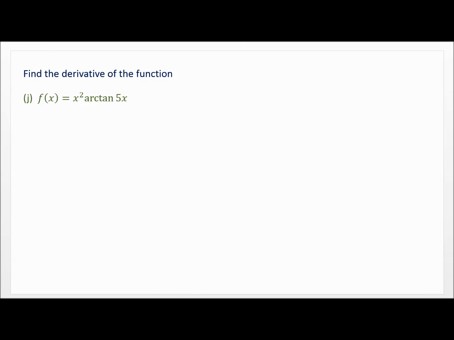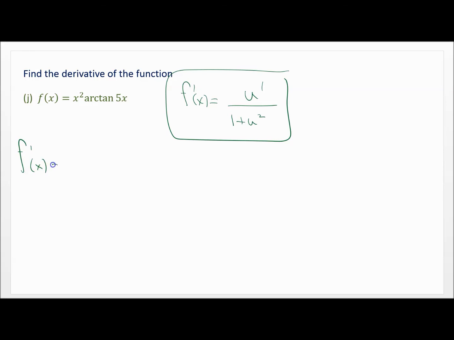Okay, next problem. Now, we use that formula again for arc tangent. So the derivative of arc tangent, remember, is u prime over 1 plus u squared. That is just my formula. Now, for this problem, we're going to have to use the product rule. So f prime of x, remember the product rule, because we're multiplying x squared times arc tangent of 5x. So I'm going to say first times the derivative of the second.